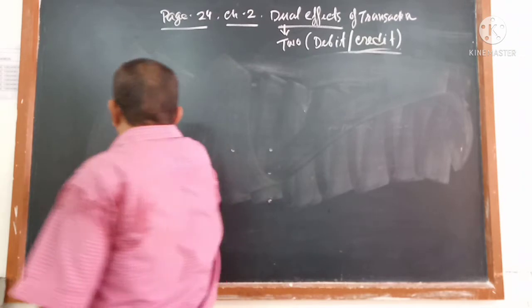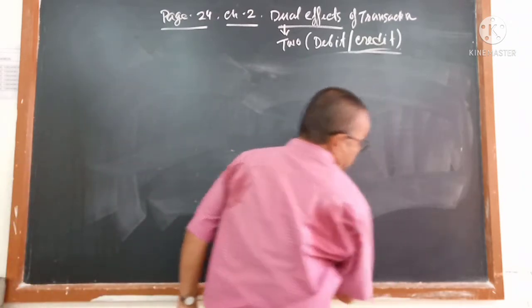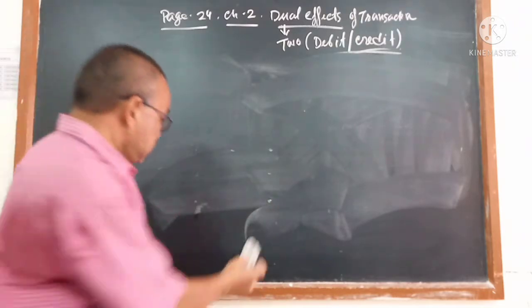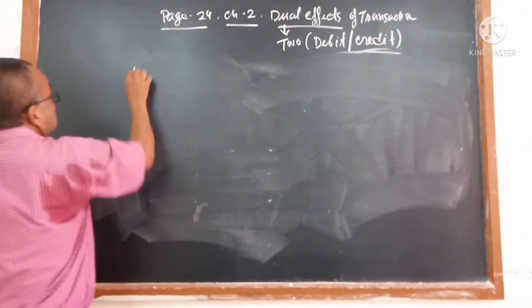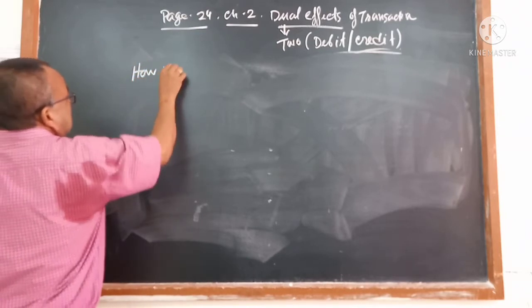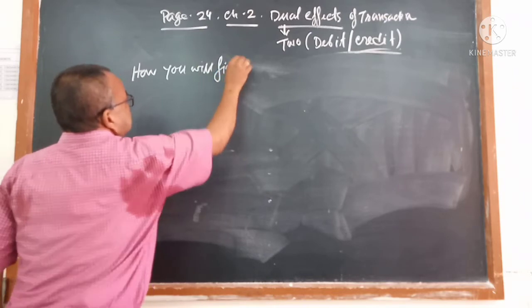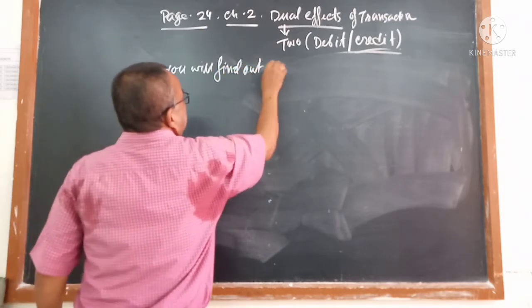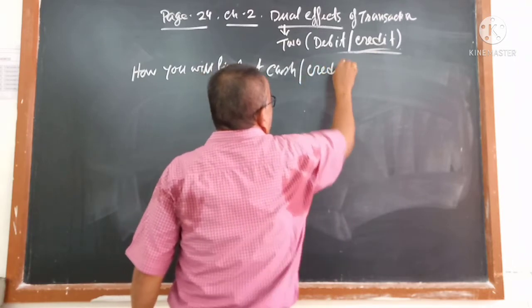Understand? Now the next point is coming: how you will find out cash or credit transactions.